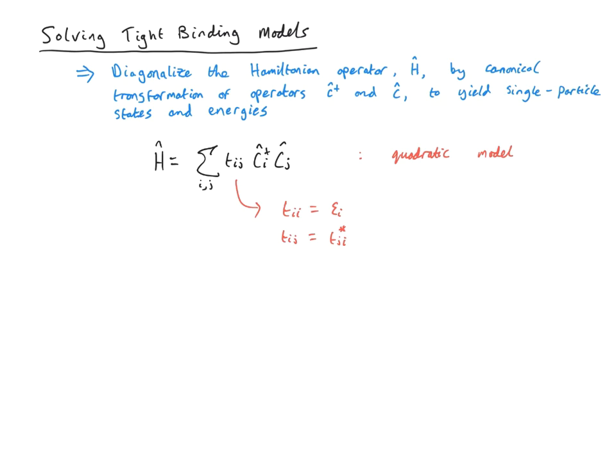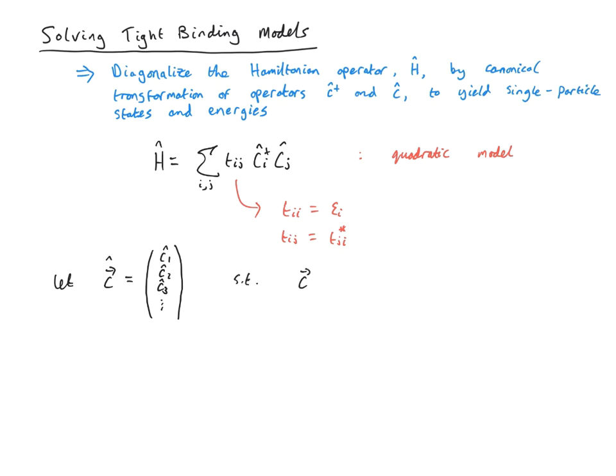Let's just remind ourselves of the general strategy. We form a vector operator. This is a vector of operators. At some point I will stop writing hats on top of the operators just for brevity of notation, but for now I'll keep them in. So we form a vector like this.